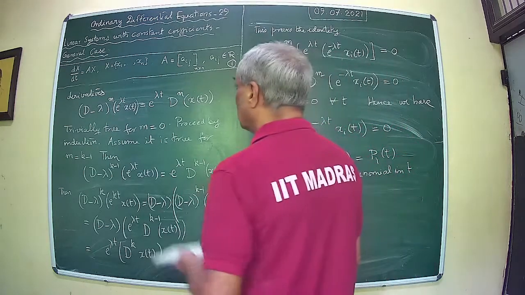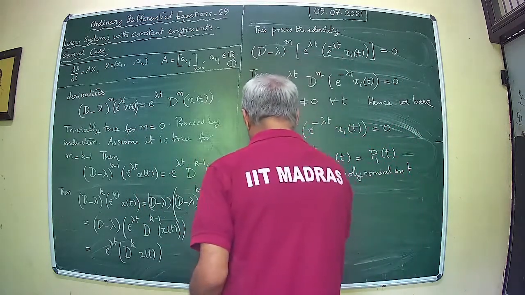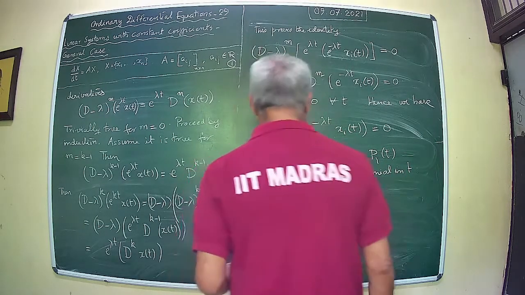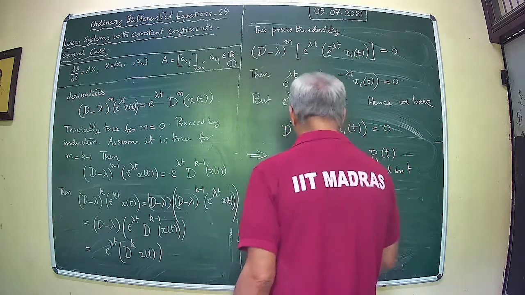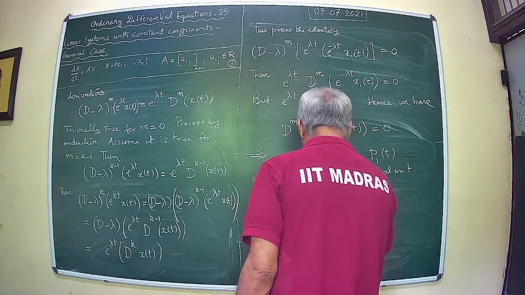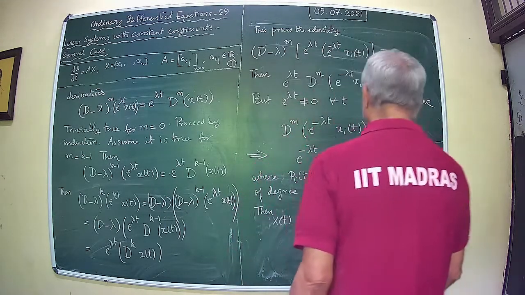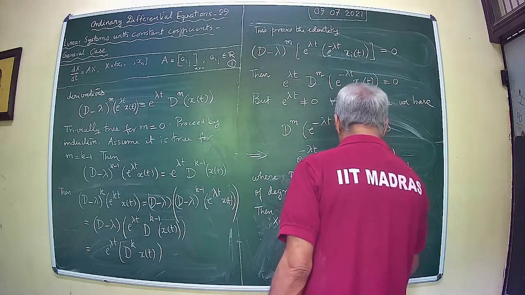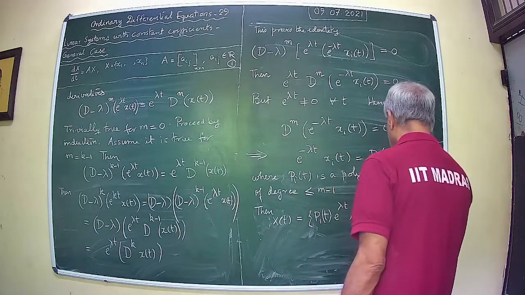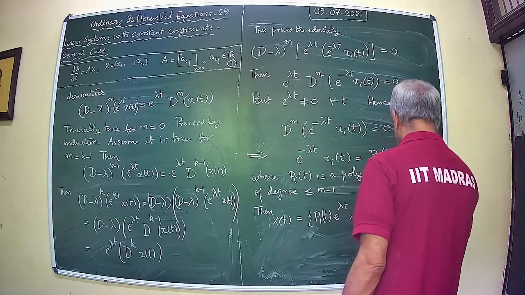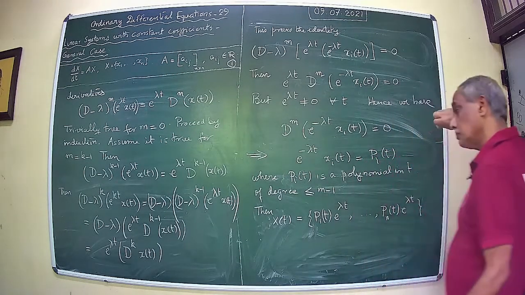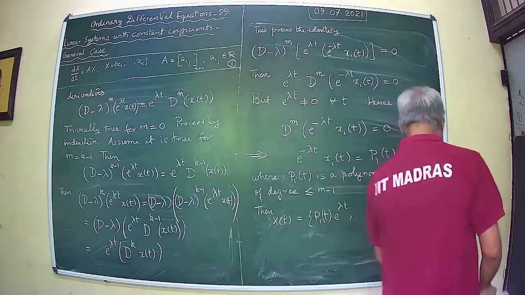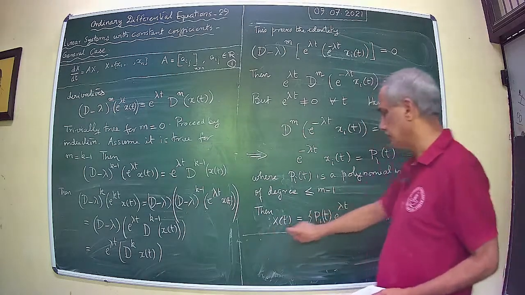Therefore you have now the solution. The solution is equal to P_1(t) e to the power lambda t. So this proves the theorem. So we have got the structure of the solutions.